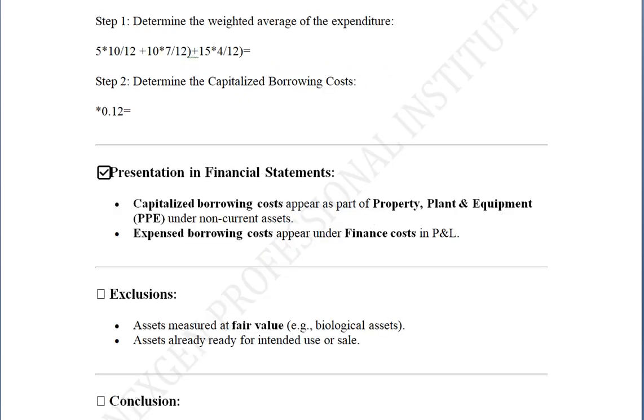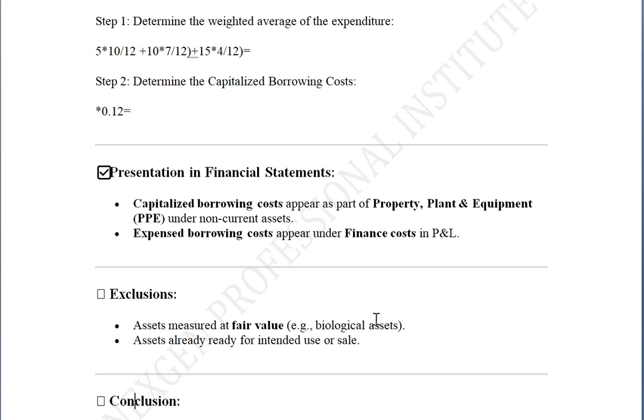Please take note of the following exclusions from this standard. Number 1, any asset that is measured at fair value, like biological asset, they are not to warehouse borrowing cost. Any asset that is measured at fair value, there is no way you can in any way attach borrowing cost to them. That is, any asset that is being carried at fair value, they are not to warehouse borrowing costs.